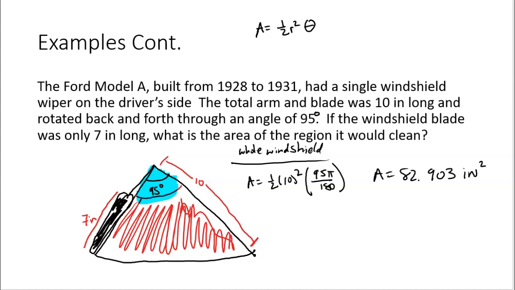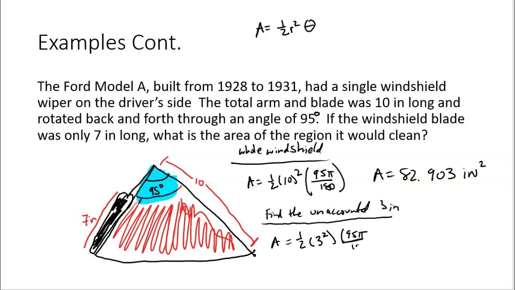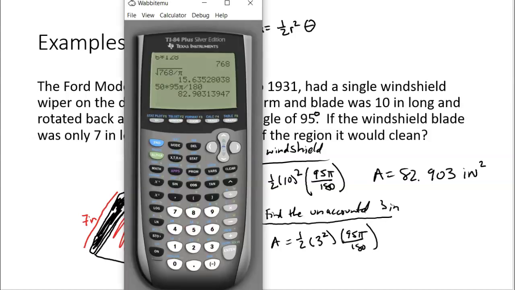If I know that the whole windshield blade is 7 inches, that means there's 3 inches unaccounted for. So the next thing I'm going to do is find the unaccounted 3 inches and find that area. I'm going to do the same exact thing. Area is 1/2 times 3 squared times 95 pi over 180. 3 squared is 9, and half of 9 is 4.5.